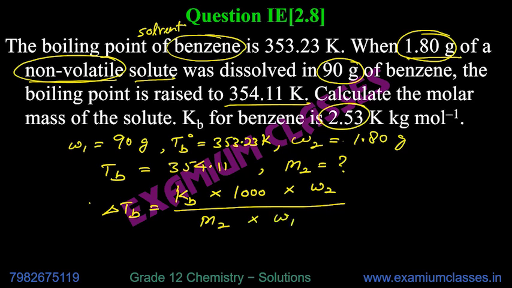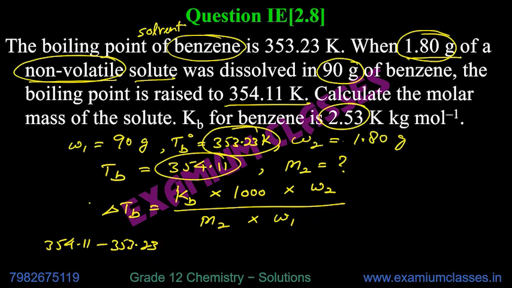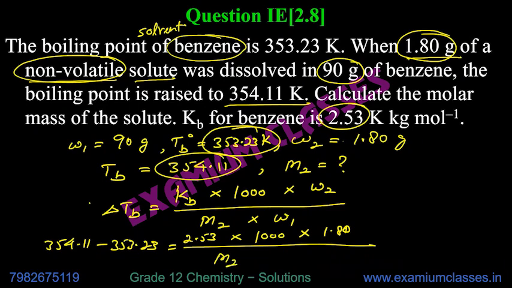Substitute all the values. Delta TB is 354.11 minus 353.23, TB minus TB naught, the difference in temperature. Kb is 2.53 into 1000 into W2, which is 1.80, divided by M2, which you have to calculate.